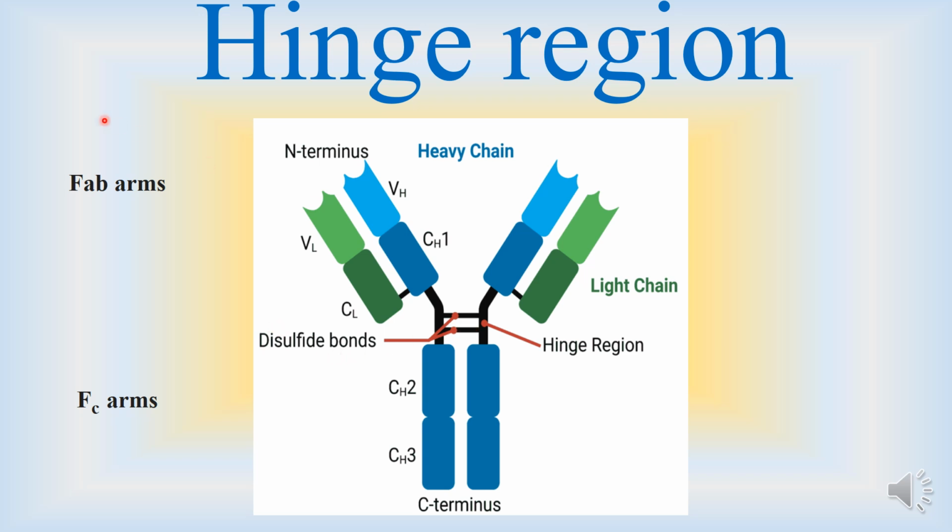What is an Fab arm and Fc arm we will discuss in the forthcoming slides. The hinge region provides three-dimensional flexibility to the immunoglobulin so that it can bind tightly to the antigen.